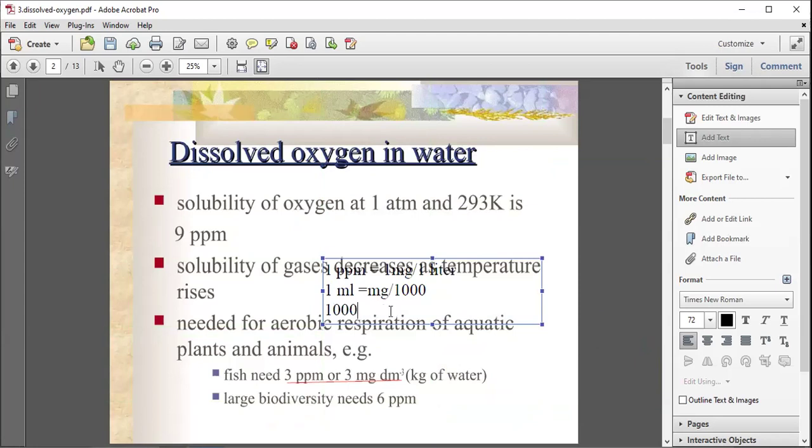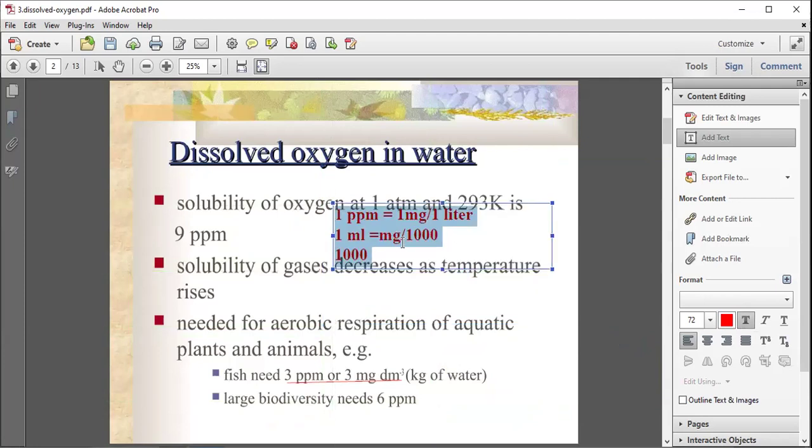So, I will change the color. One ppm is equal to 1 milligram per 1 liter. So 1 milligram is equal to milliliter per thousand, right? 1000 milliliter.